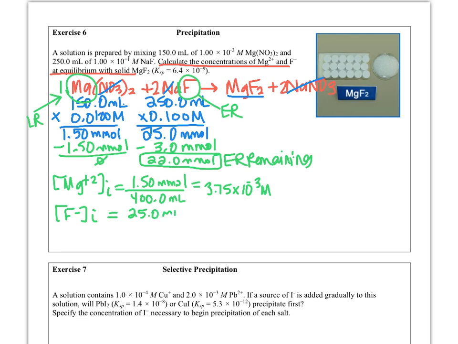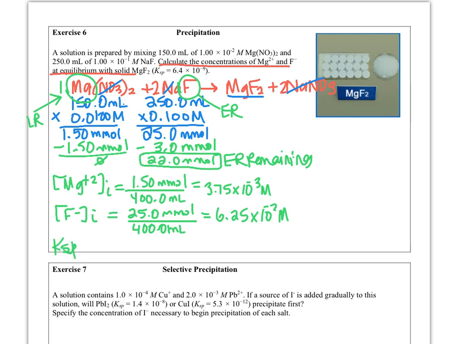Now remember, we've already decided this is not going to be all used up eventually, but it's what we start with. And so out of 400 milliliters, right? And so in this case, that's going to end up being 6.25 times 10 to the negative 2 molar.